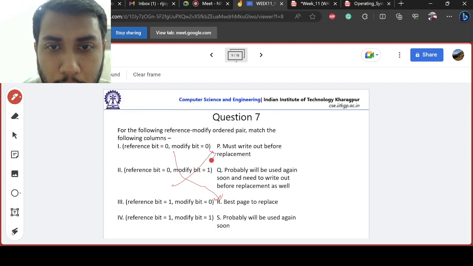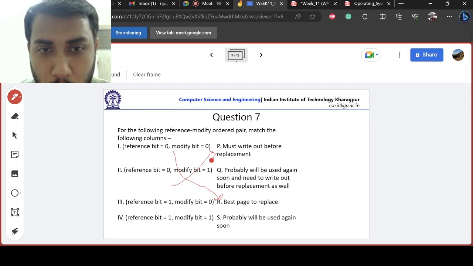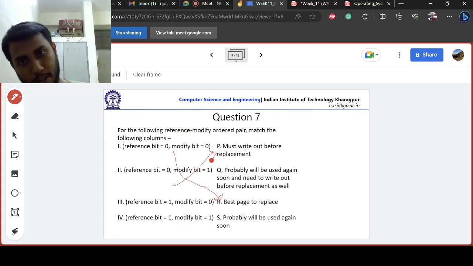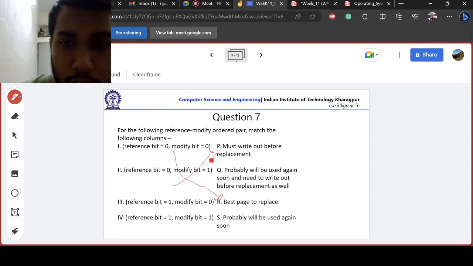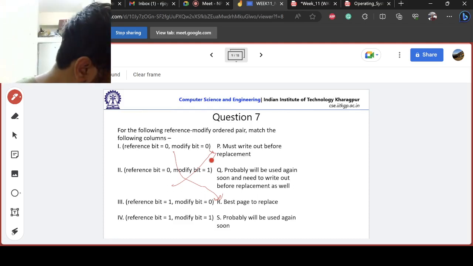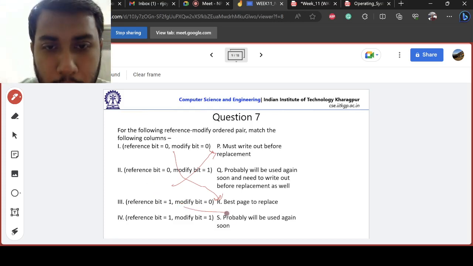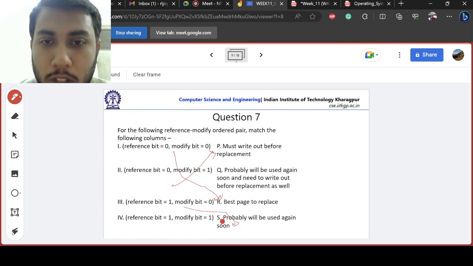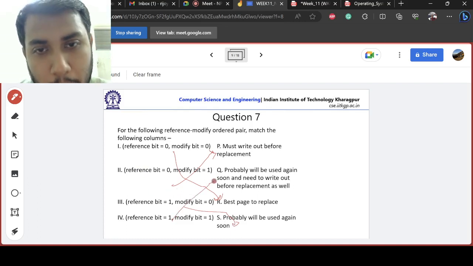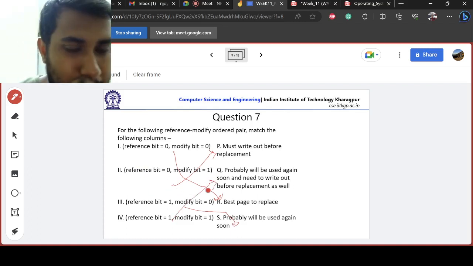Reference bit 1, modified bit 0. So that will be S, probably will be used again. It has not yet been modified. Reference bit 1, modified bit 1. Probably also will be used again, but need to write out before replacement as well.